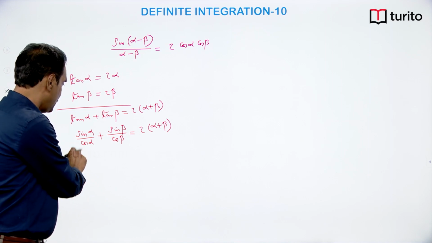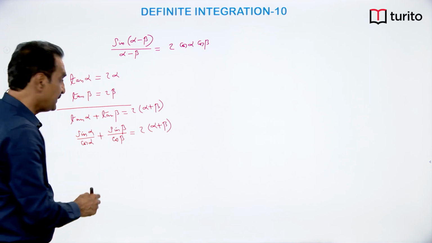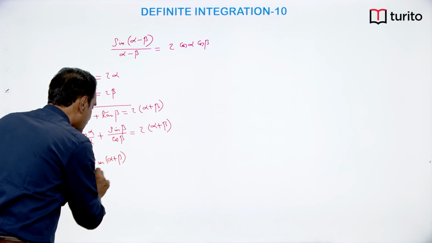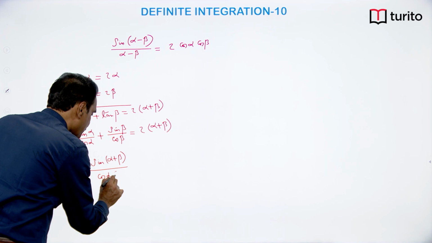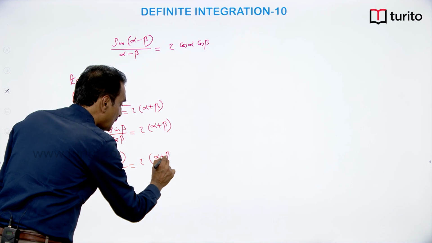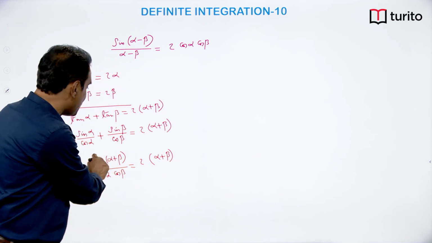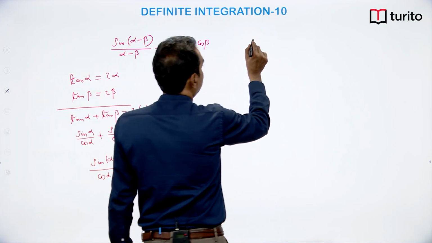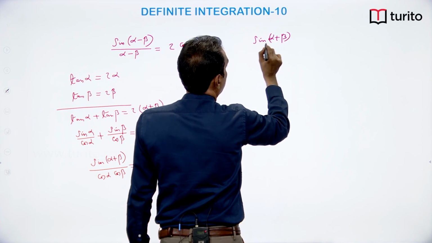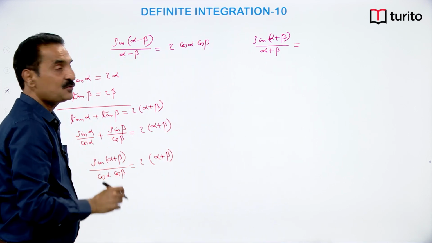Now, if you take LCM, what you will get? Sin alpha cos beta plus cos alpha sin beta, sin alpha plus beta by cos alpha cos beta is equal to 2 into alpha plus beta. So, now the second term, sin alpha plus beta by alpha plus beta, is equal to what? Cross multiplying, we get 2 cos alpha cos beta.